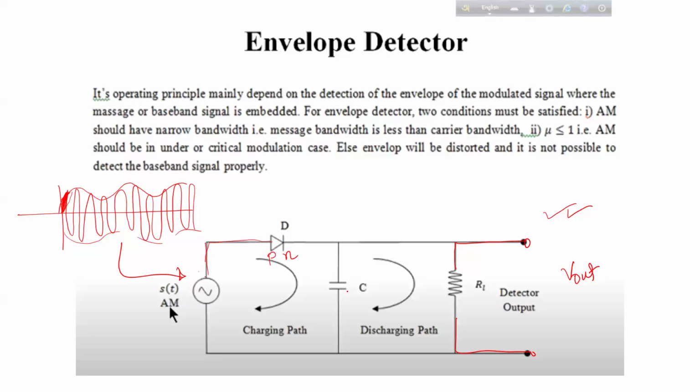So the P terminal of this diode is positive in charge. So this diode will be in forward bias and it will work as short circuit.